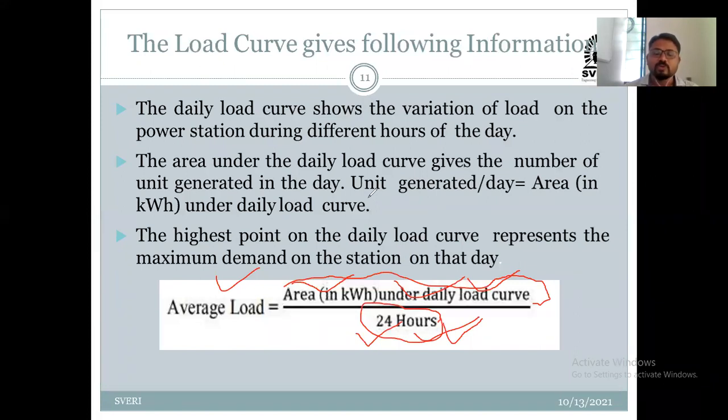Everybody got it? Whenever we have to find the average load, what do you have to do? Area under that particular load curve divided by 24. Got this point? Everybody got this point?